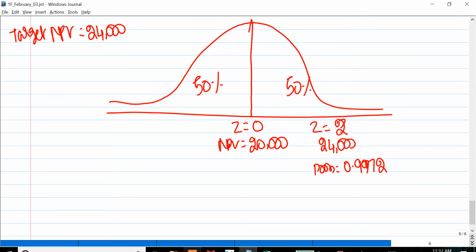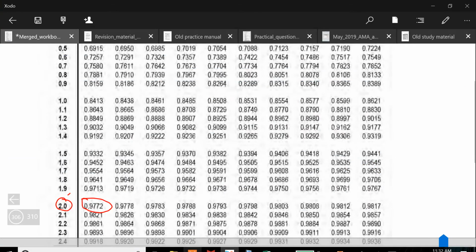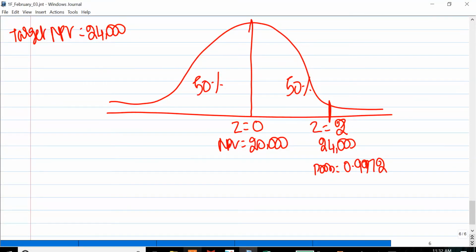Now if somebody wants to know what is the probability that the value will be less than, it is 97.72%. If you want to know what is the probability that you will generate an NPV of more than 24,000, it's the remainder of 2.28%.